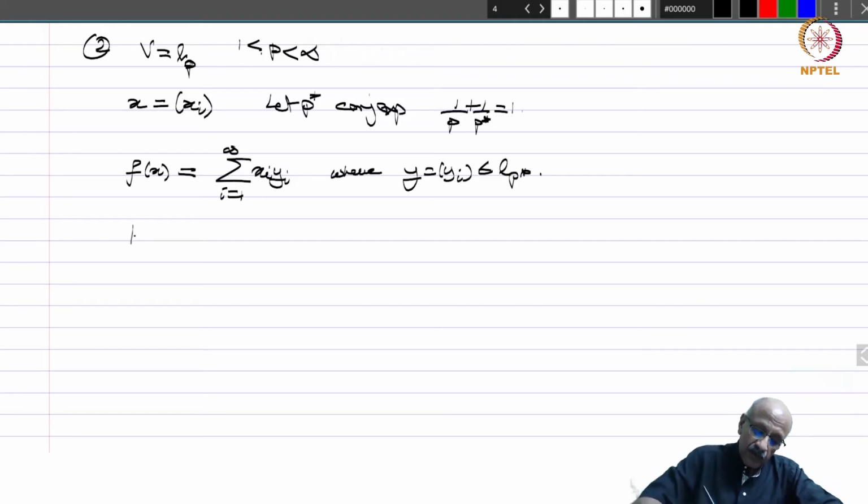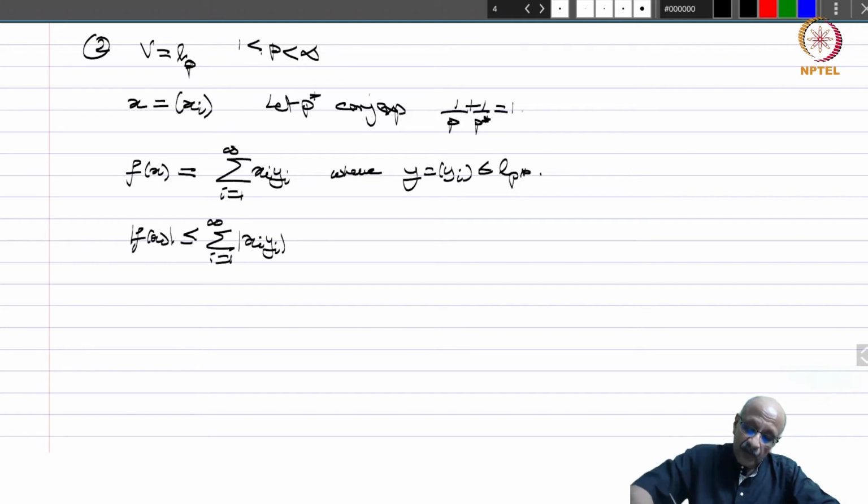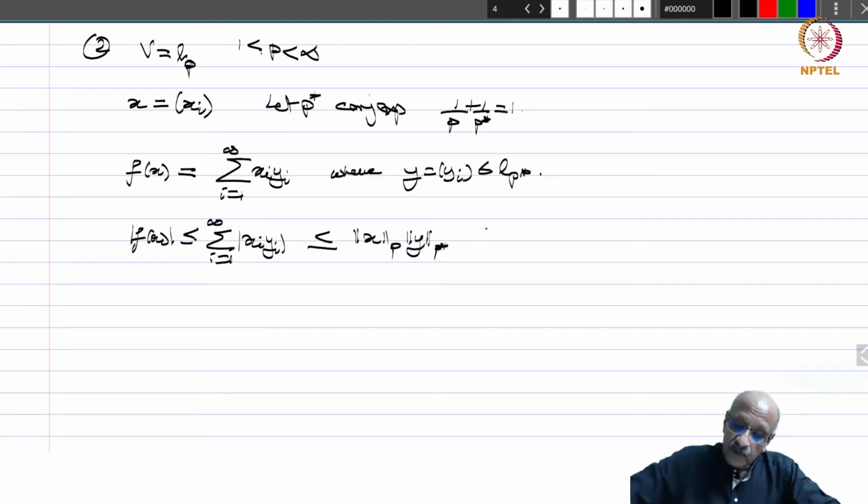Then this is a linear functional. First of all, is it well defined? It is, because mod f(x) is less than or equal to sigma i equals 1 to infinity mod x_i y_i, which is less than or equal to, by Hölder's inequality, norm x_p norm y_p star.